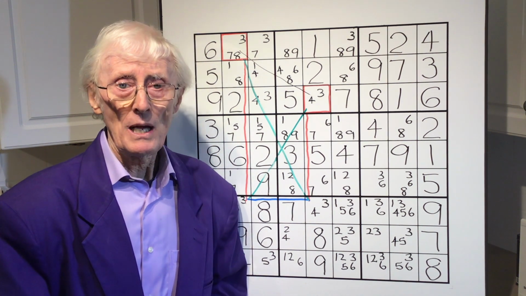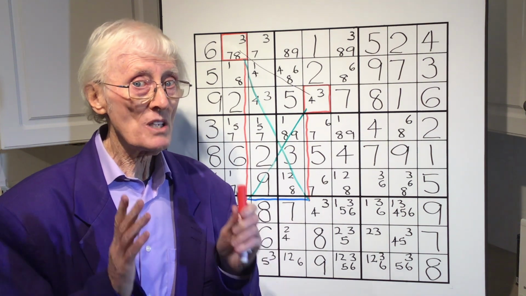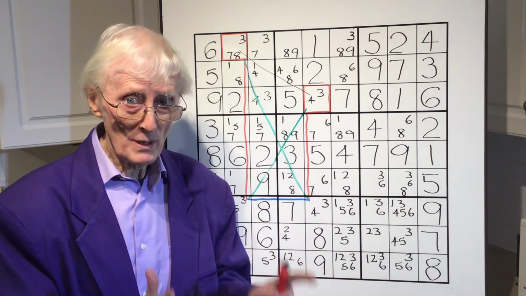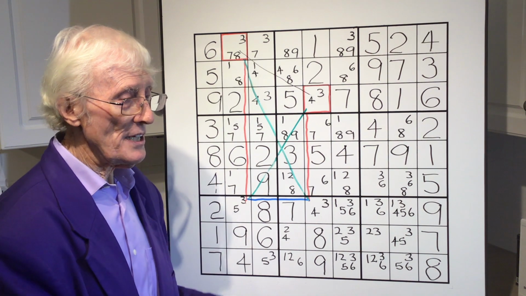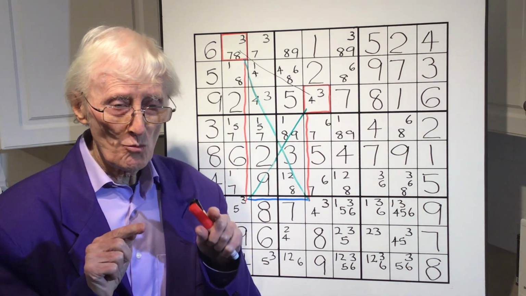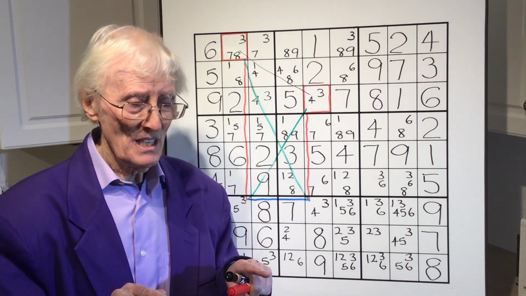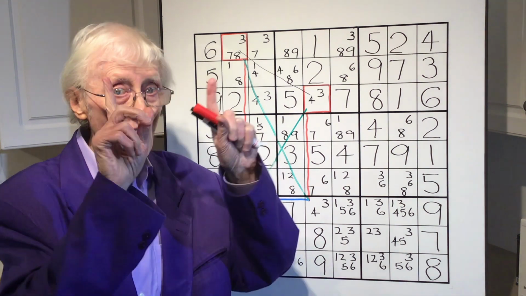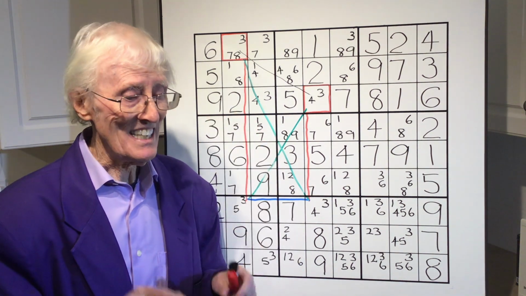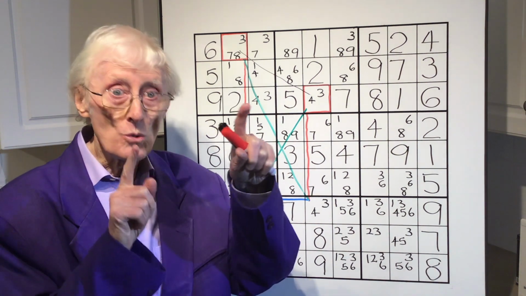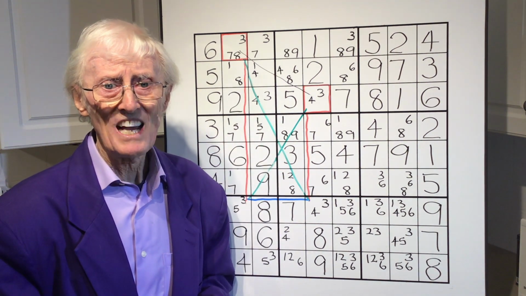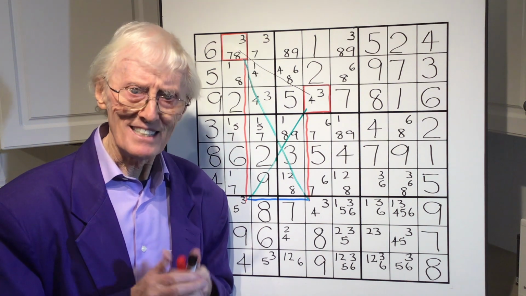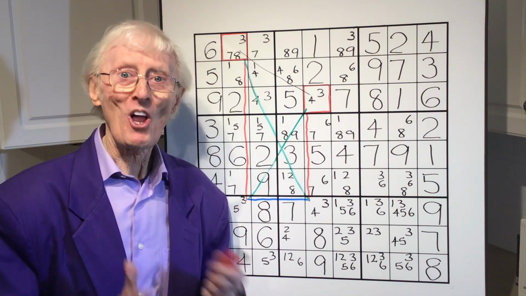Now, when you're looking for strong links, you're looking for parallel ones where one set of ends is in the same row or column, the others are not, but the key is that each end of those 2 strong links must be in a different block.